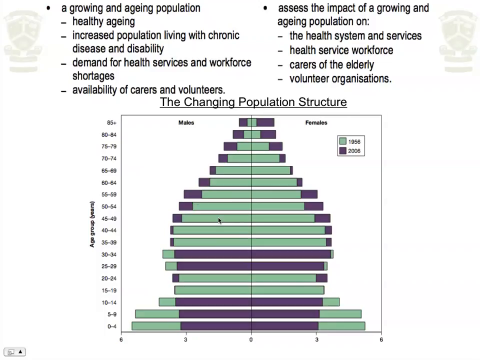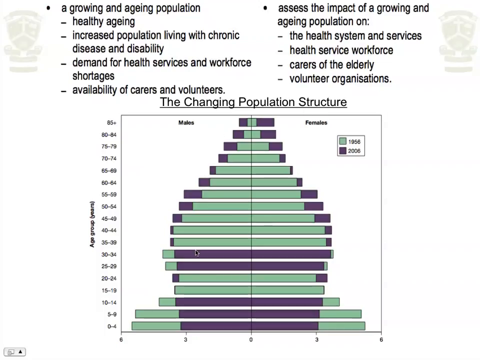It's pretty obvious that from the ages of 35 upwards, we have significantly more people in the population. So not only is our population getting bigger, but the number of people in the upper parts of the population, around here where I'm circling, is increasing.